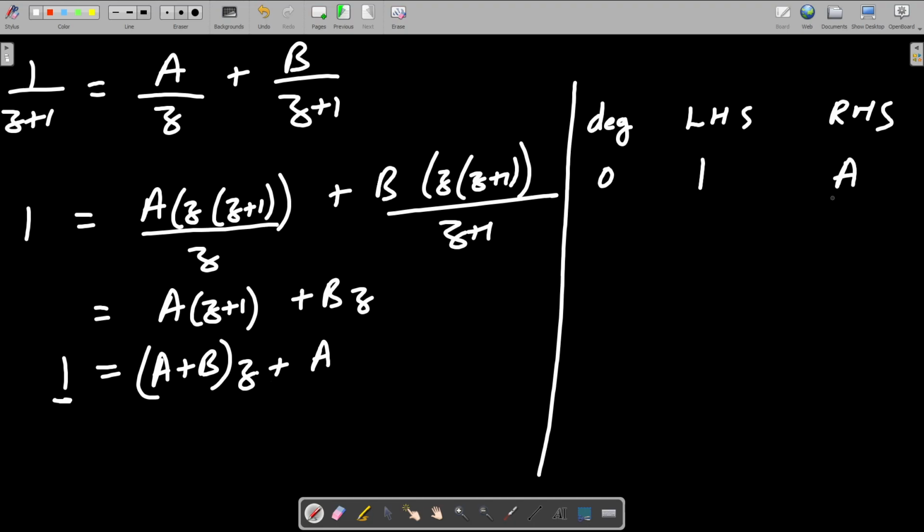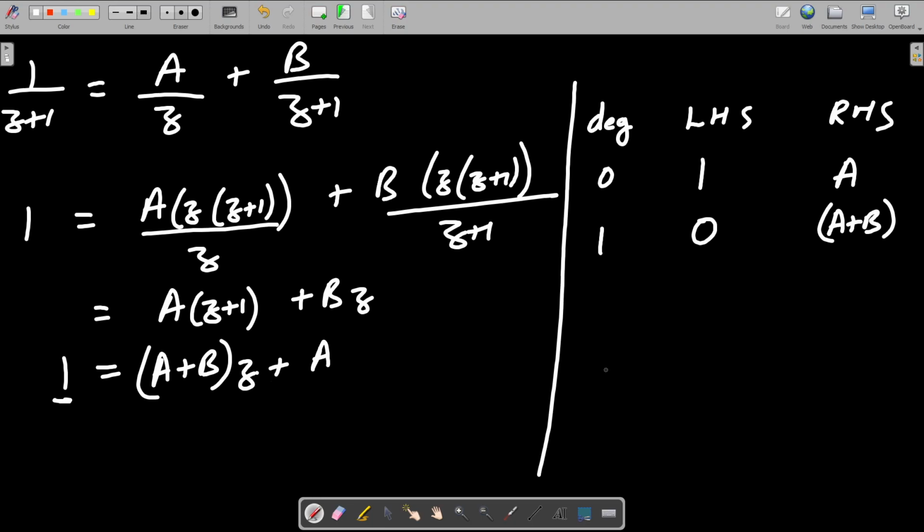A, right? Okay, degree 1, who is there on the LHS? Is there any degree 1 term here on the LHS? No, right? So it will become 0 here. Okay, and on the RHS, who is there? It is A plus B. Don't write the Z, just write the coefficient. Right?